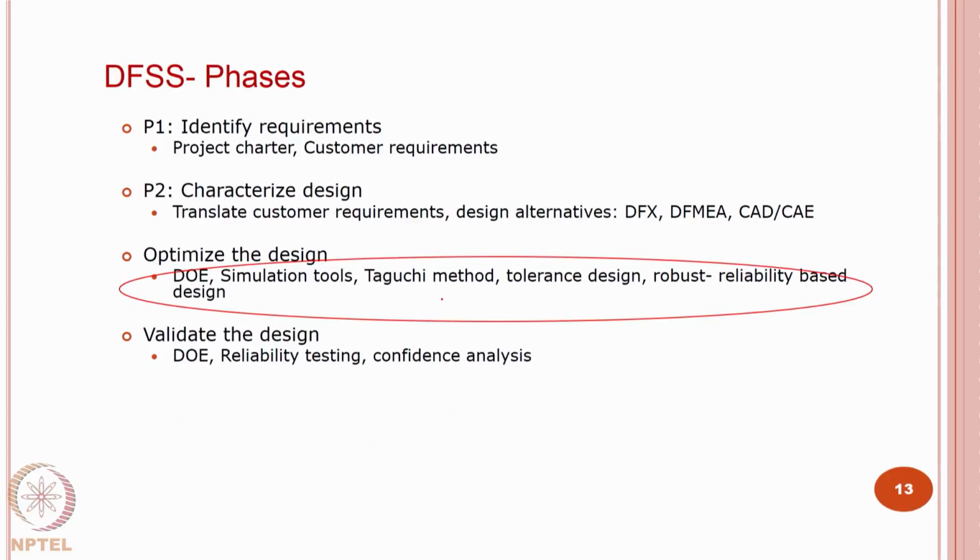Taguchi has proposed orthogonal array, which is one of the design of experiments, meaning he has proposed using orthogonal array to enforce robust design, tolerance design, plus or minus x, plus or minus some value, that is called tolerance design, and robust or reliability based design. So, all this we can do with computer aided engineering and or with physical experiments.